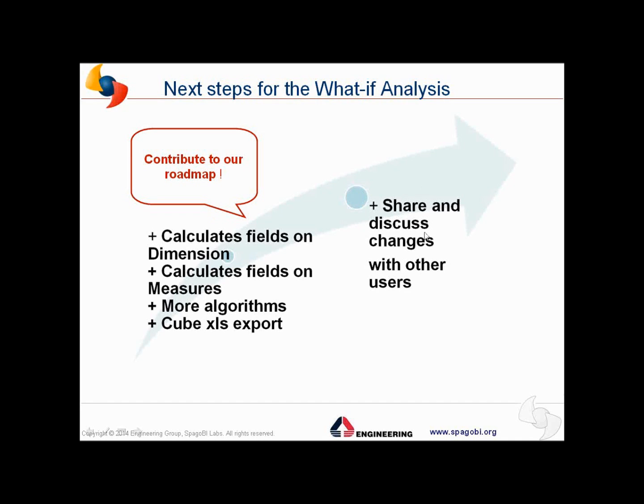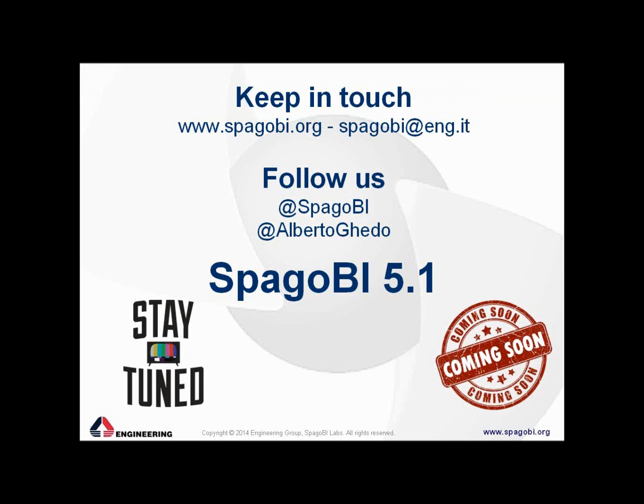This functionality will be available later, and what is that? Actually, what we have seen today is part of the what-if analysis. The other parts are the definition of the scenario and the negotiation of the proposal, because the first thing you have to do is to decide, okay, I want to let the user modify only one measure, for instance.